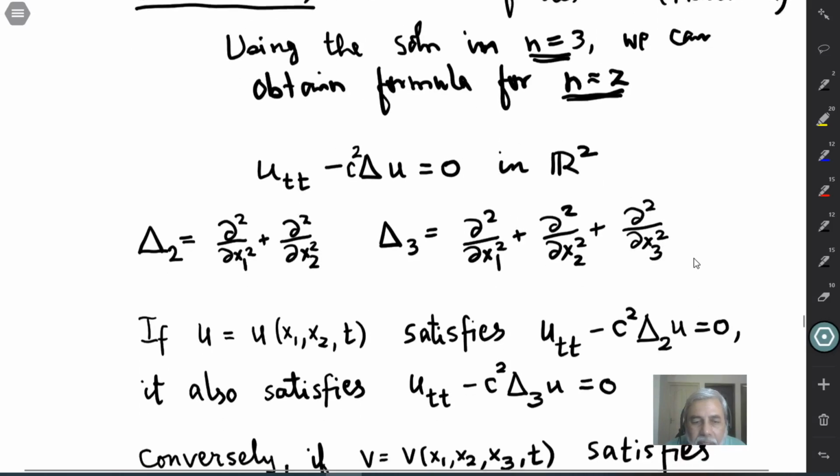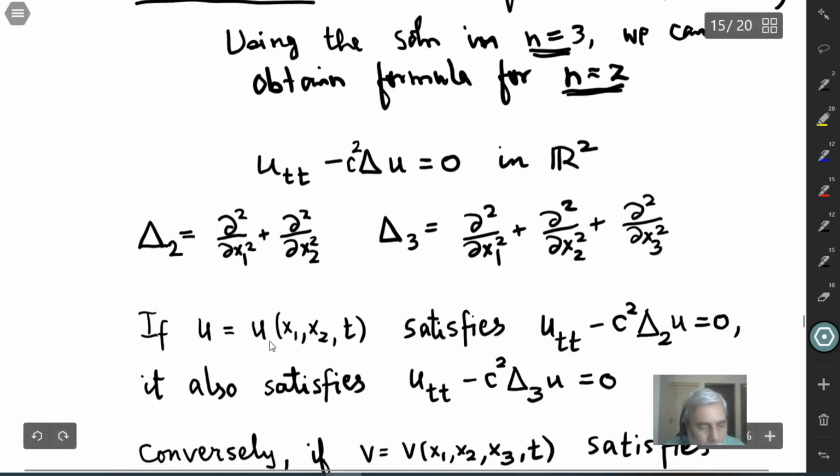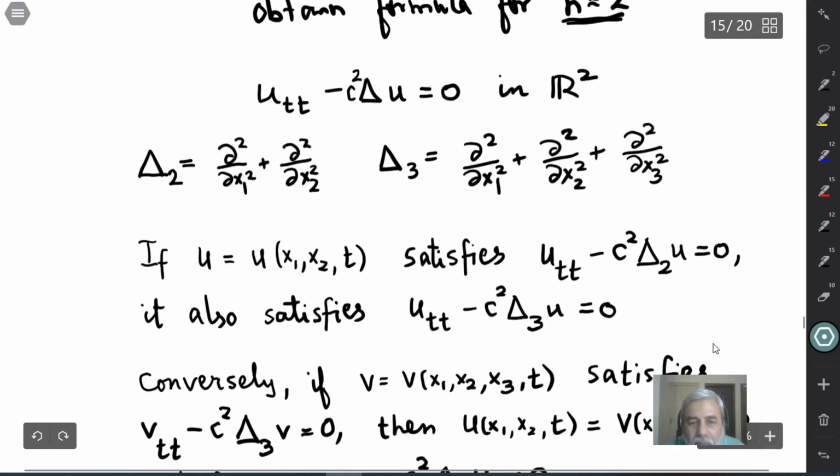So if u, which is equal to u of x1, x2, t, satisfies the two-dimensional wave equation, we can treat this u as an independent function of the x3 variable, so it also satisfies the three-dimensional wave equation.